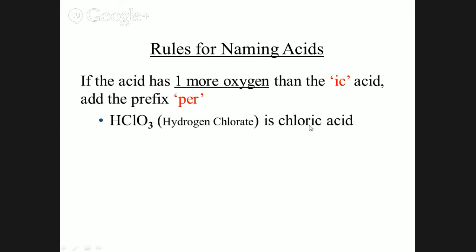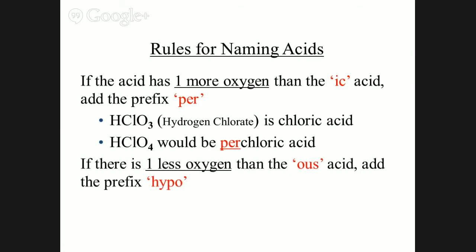That gets changed to "ates" go to "ics", chloric acid. But there's also a compound that is HClO4. Notice it has one more oxygen on it. So this becomes perchloric acid. We have to add that little "per" basically to tell people, oh, there's an extra oxygen on the chloric part.